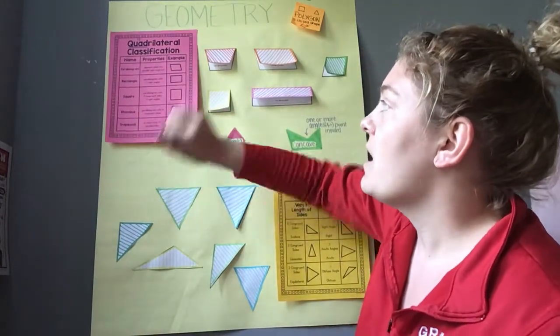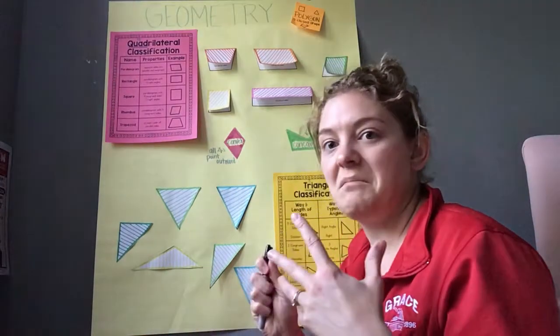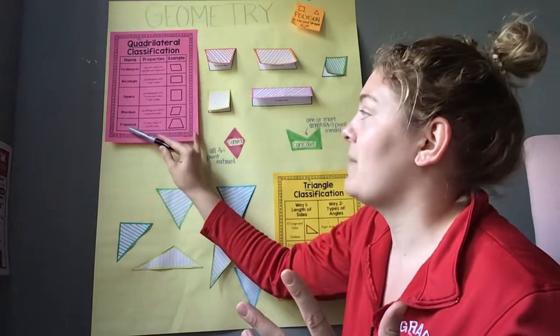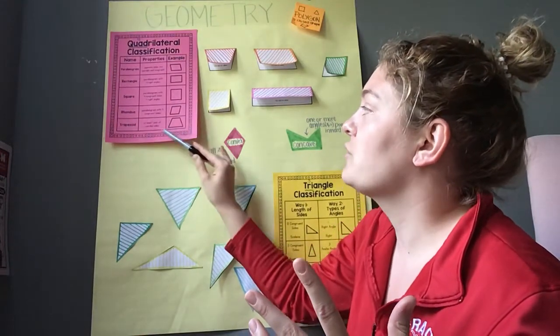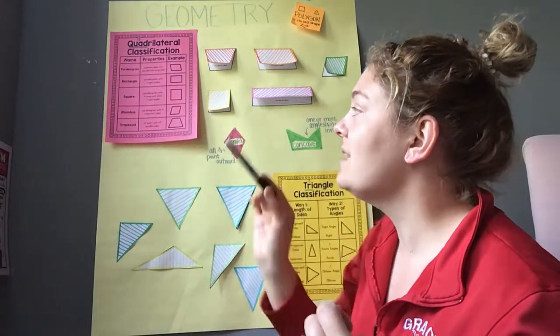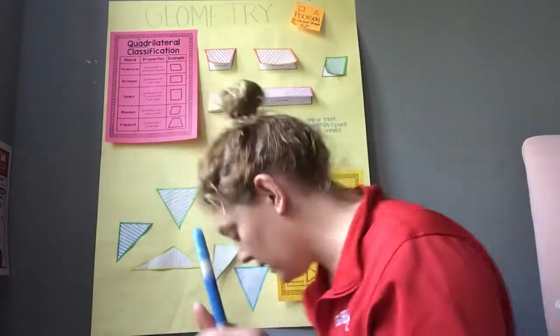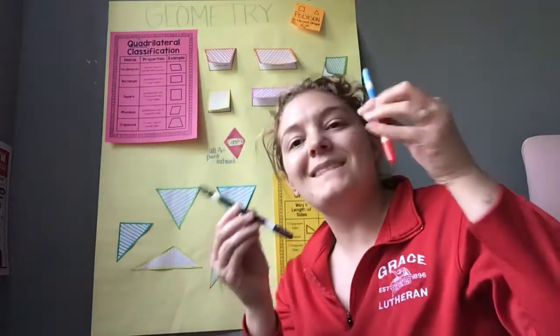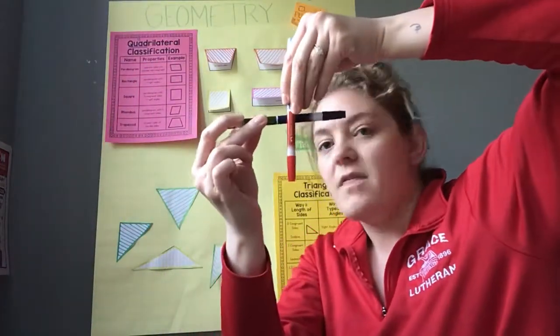Okay? So the most non-specific quadrilateral would be a trapezoid. Okay? A trapezoid has at least one pair of parallel sides. Now, parallel, where's my other marker? Okay, parallel means they don't cross. Right here, that is not parallel.